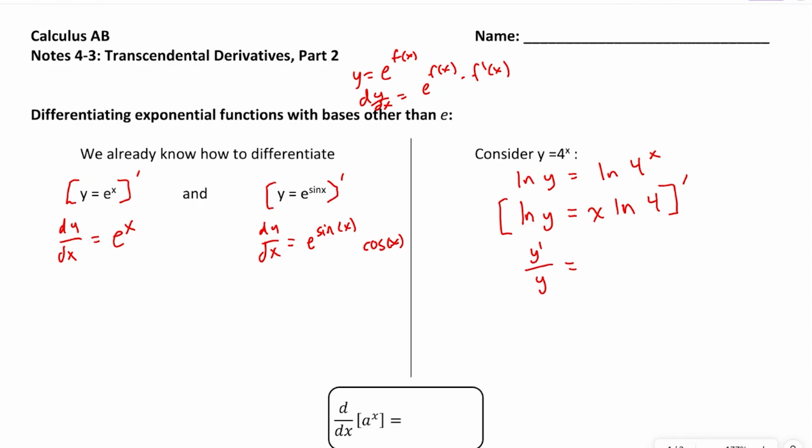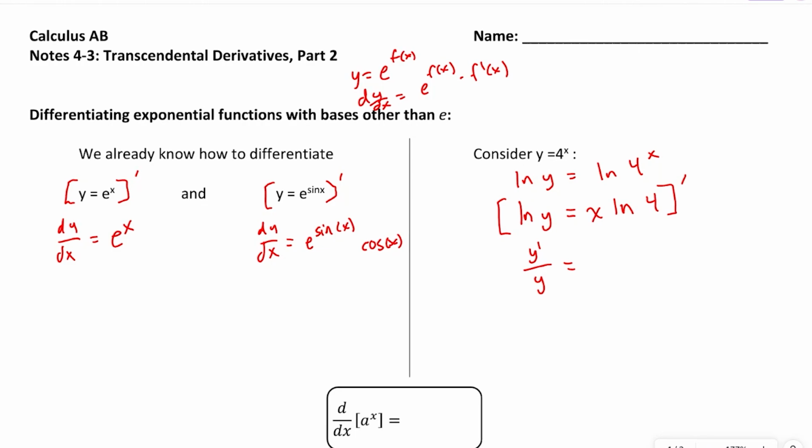And then on the right-hand side, we can use the product rule here. The derivative of x is 1 times the natural log of 4 plus x times 0, right? Natural log of 4 is a constant, so that derivative is 0.